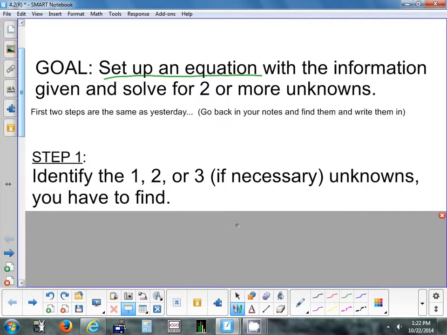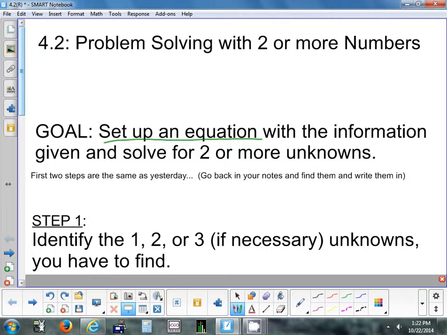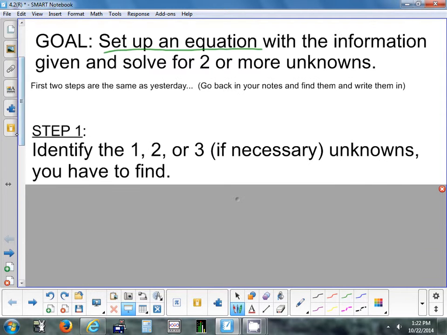Question? Can you go up a little bit? Sorry, I didn't get it. So 4.2, it's problem solving with two or more variables, two or more numbers.